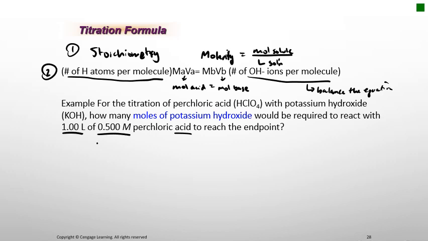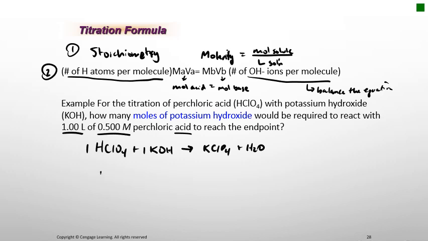So I need to set up my equation. So I have HClO4 and I have KOH. It would form the salt KClO4 and water. So this is already balanced as is. That's the important part of this. Because I have a 1-to-1 ratio, I know when I calculate my moles of acid, that's going to equal the moles of the base.